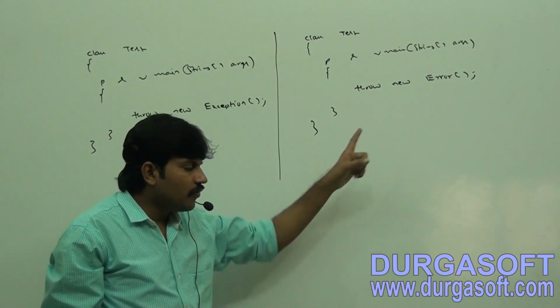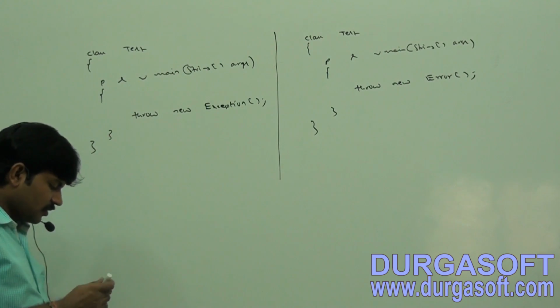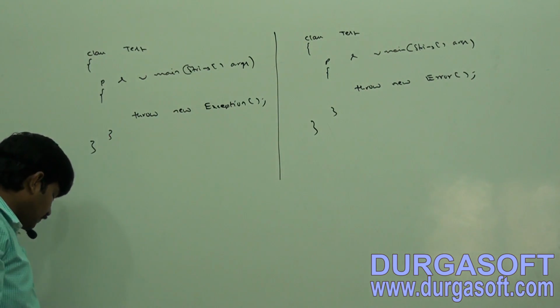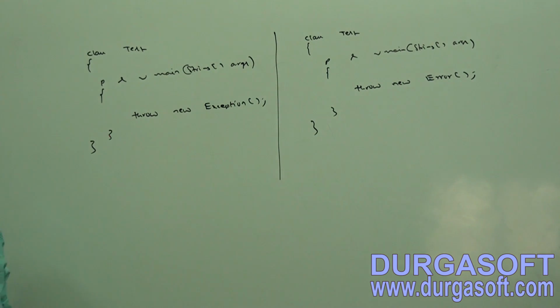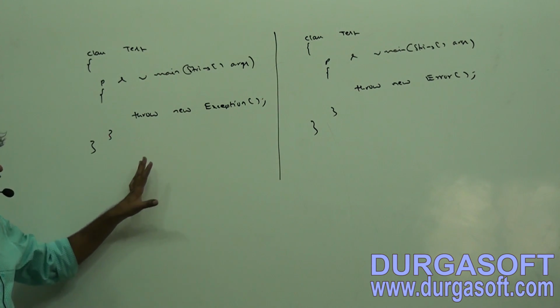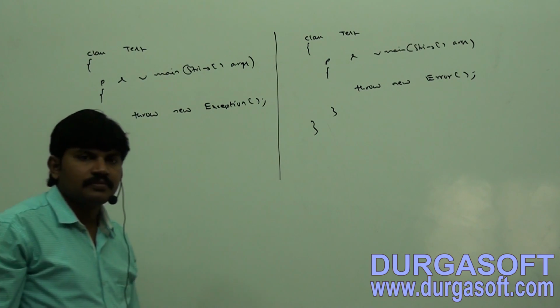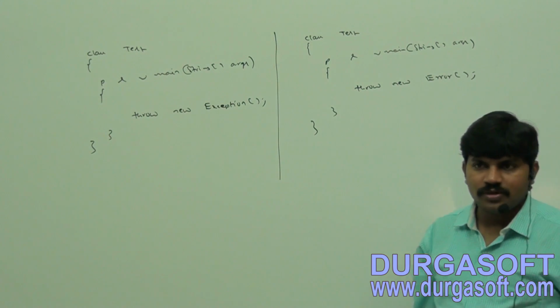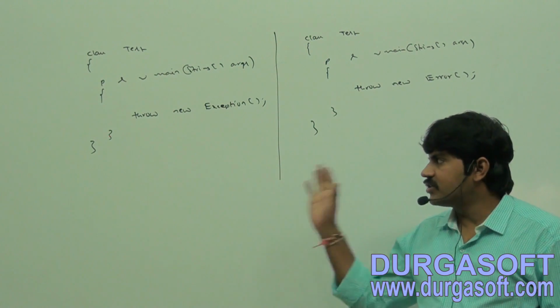Can you tell what is the difference between these two with respect to compile time, or with respect to run time? Can you tell if the code is going to compile or not? Don't think too much.